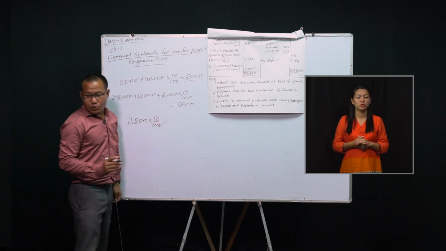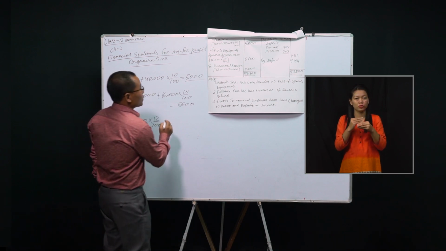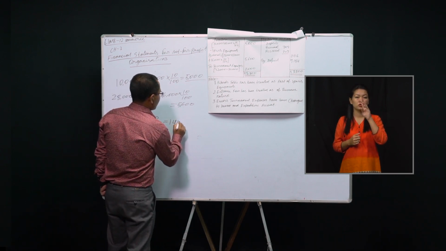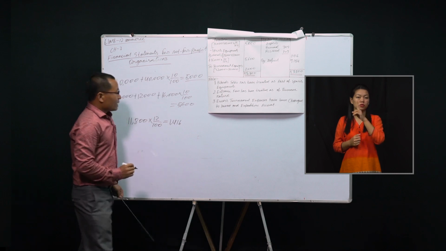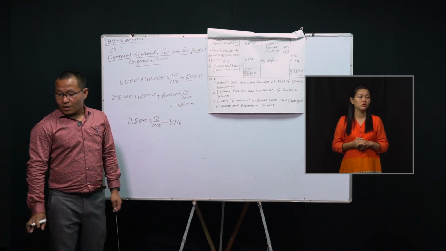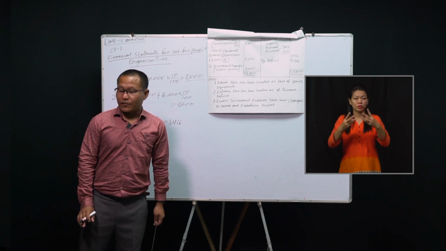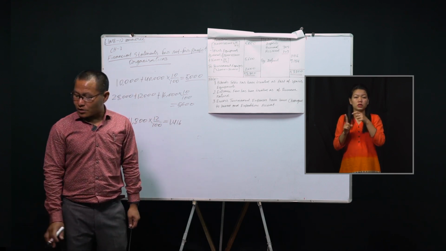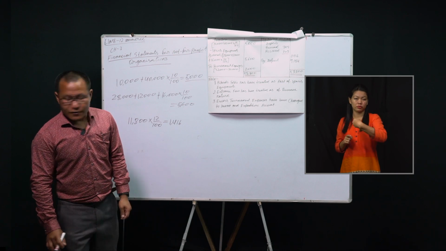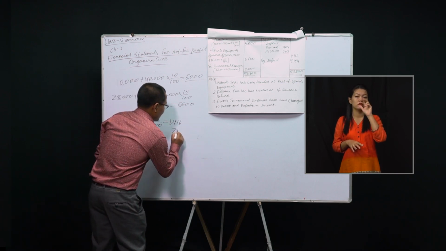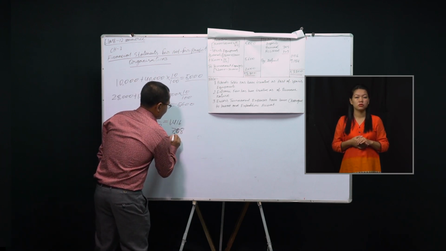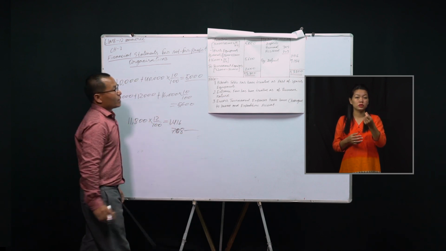So total it comes to 1,416. So the amount for interest has been already received. Interest on fixed deposits has been already received. That is 708. This amount is already received.